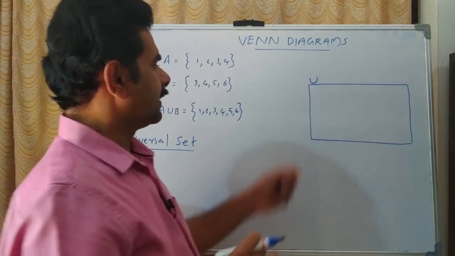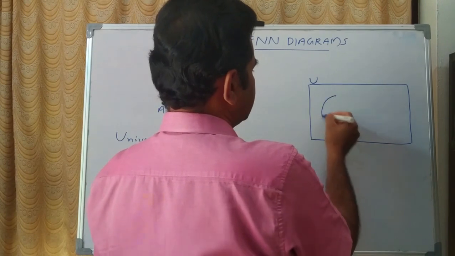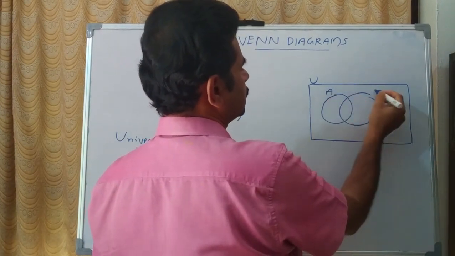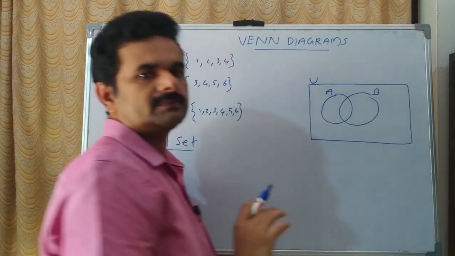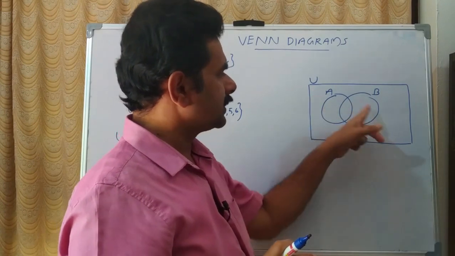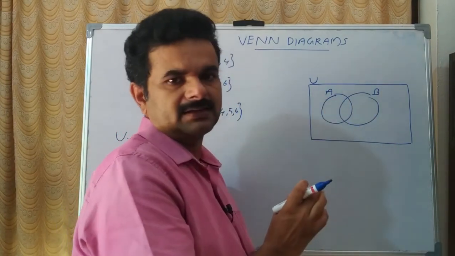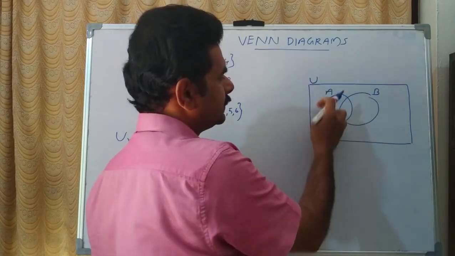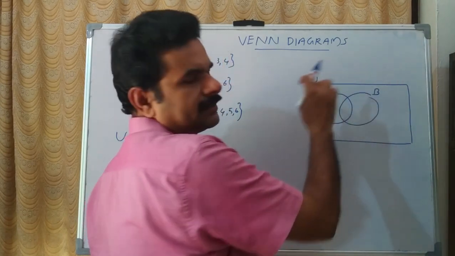Then it is A and it is B. There are two sets, A and B. When we represent two sets by circles in a Venn diagram, we draw these two circles in overlapping mode. This is A and it is B.